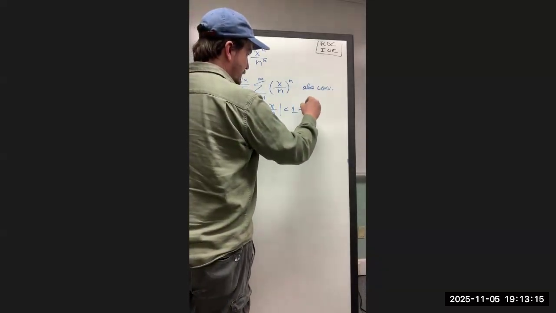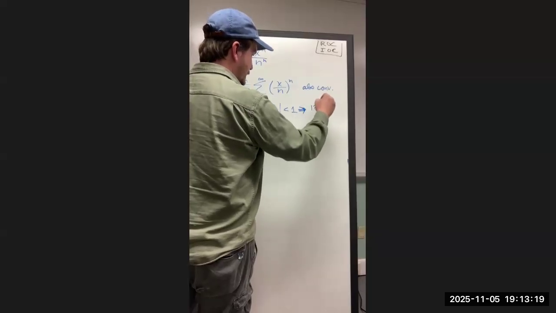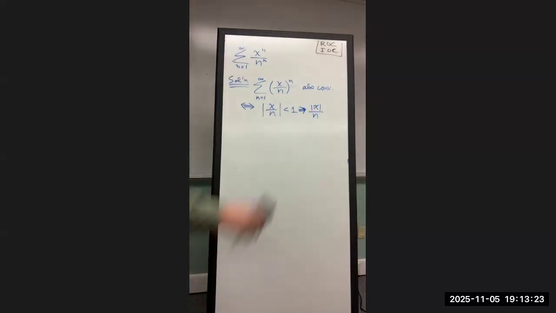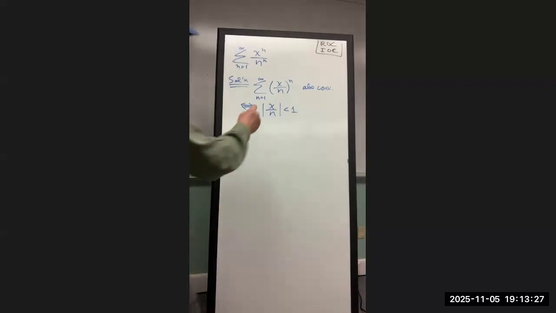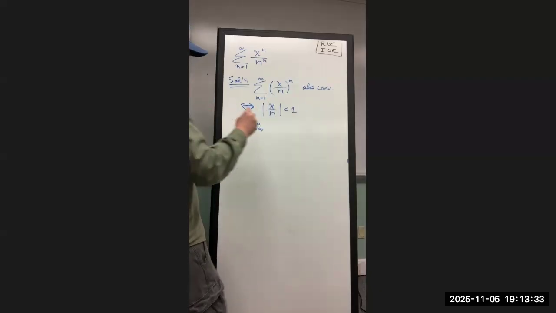And so what does this say? This says that the absolute value of x over n must be less than 1, but then I'm going to look at this in terms of the limit, because I need it to always be true.